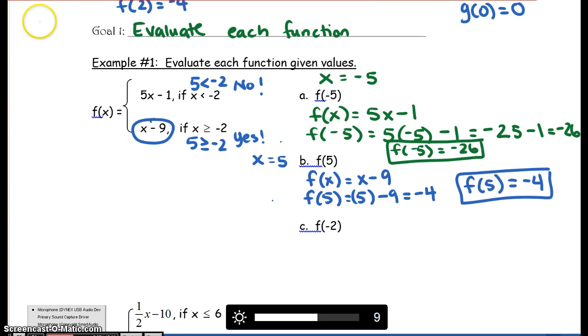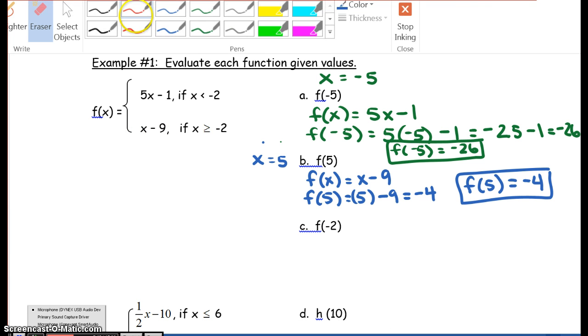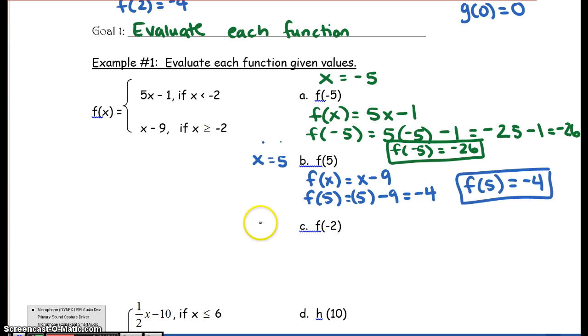Let's look at f of negative 2 and figure out which function we would use. I'm going to erase all of this again for my last problem. We know here that x equals negative 2. Is negative 2 less than negative 2? No, never. Is negative 2 greater than or equal to negative 2? It's not greater, but it is equal to. Since it says greater than or equal to, we know x minus 9 is our function.